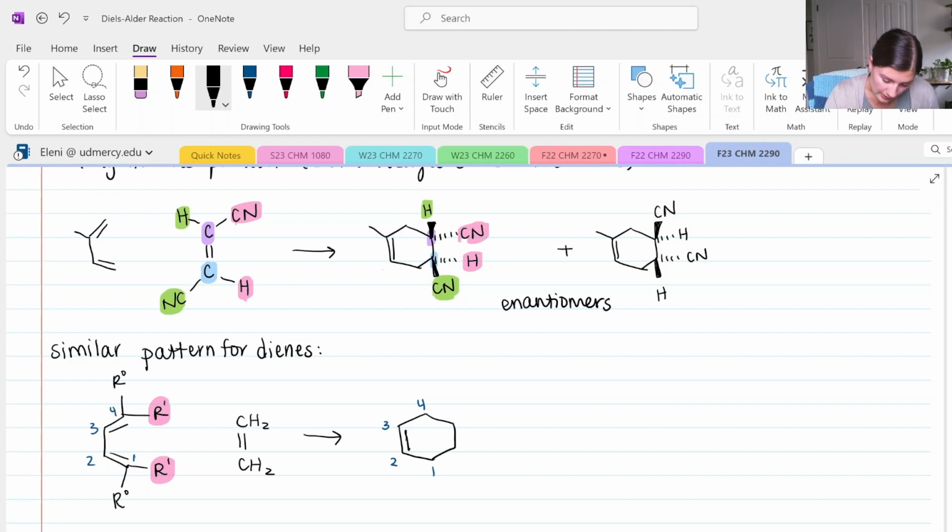So those will either both be on a wedge or both on a dash. I'll draw it on the wedge first. So here are the R prime groups. And then the R naught groups are on the same side. So those are either both on a dash or both on a wedge, and I've drawn them here as both on the wedge.